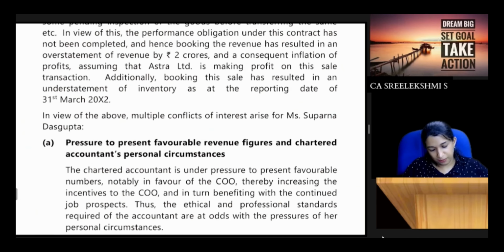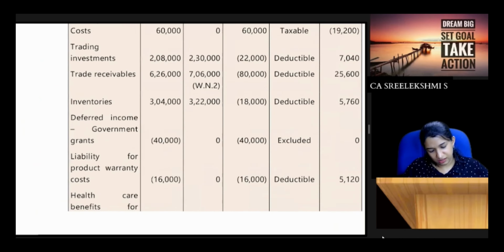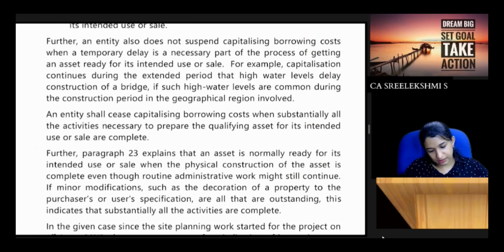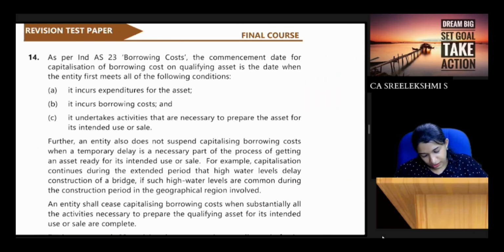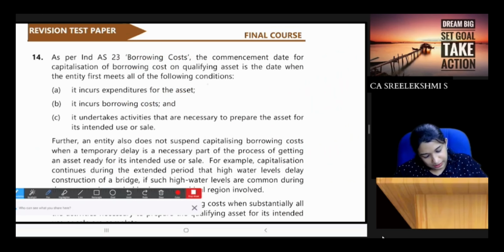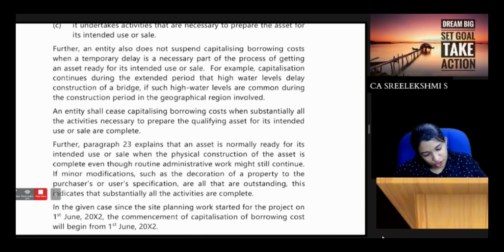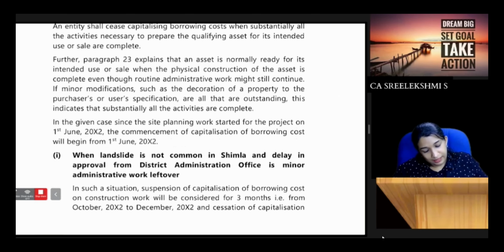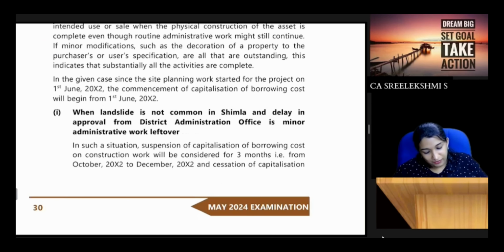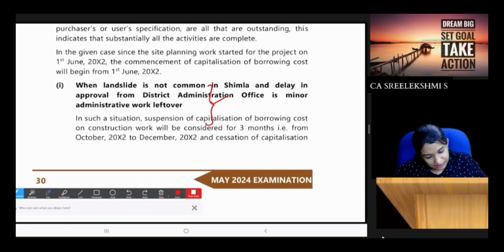This is question number 14, right? Yes. So first you should write about commencement, then suspension, then cessation. So in the given case, the site commenced the project from 1st June onwards.